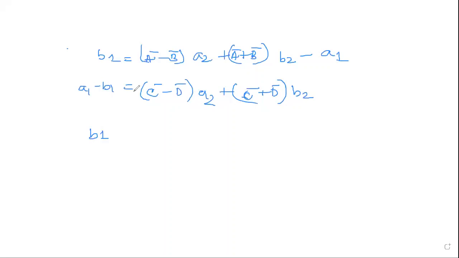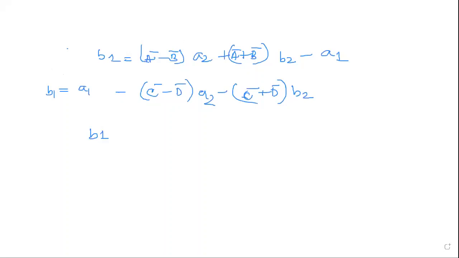So you'll be left with the equations. If you write in terms of B1, the whole equation will be A1, minus this and minus this, which is equal to B1.